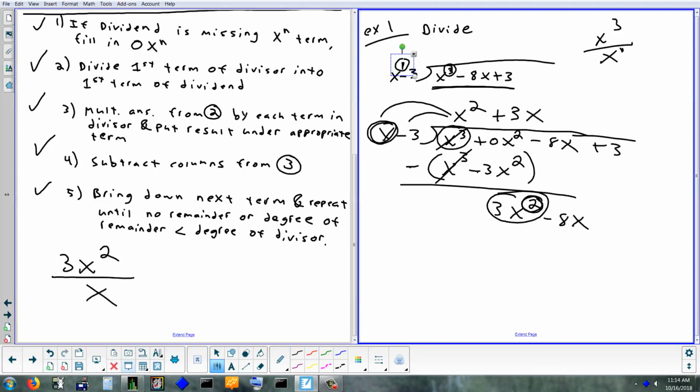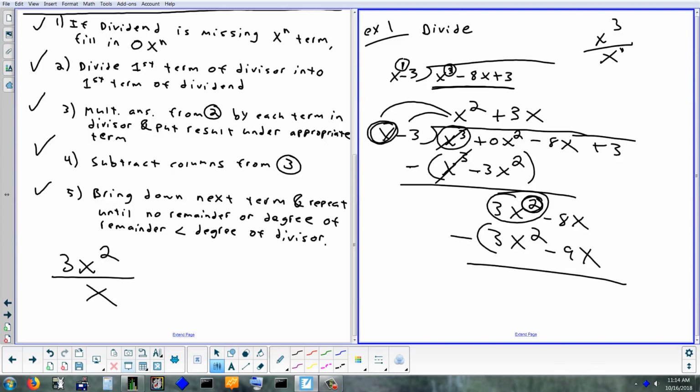All right, multiply our answer back out. 3x times 3x is 3x squared. What about 3x times -3? Minus 9x, we got to make sure we put that in the x column. And now subtract.